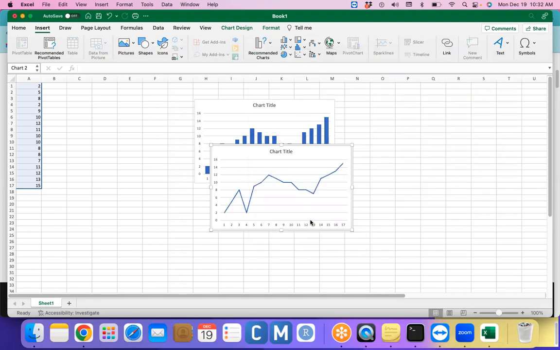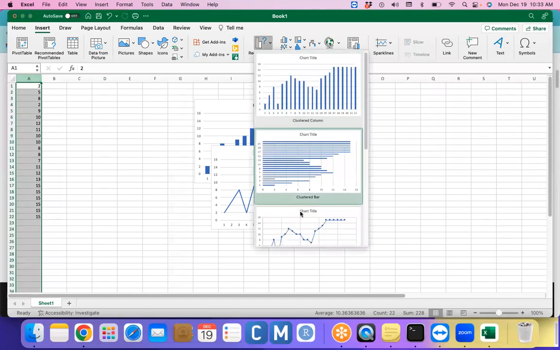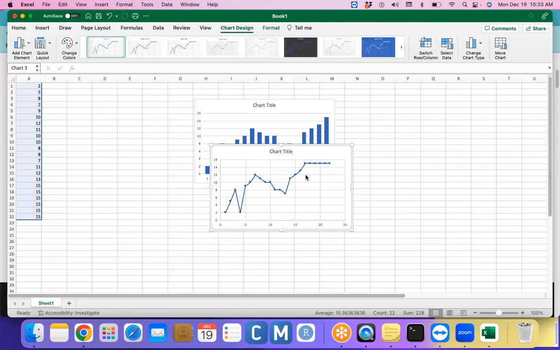Here we have a line chart. So this is also your data. For example, you can increase the value: 15, 15, 15, 15, 15. So 15 now has more values, right? 1, 2, 3, 4, this many values are there.